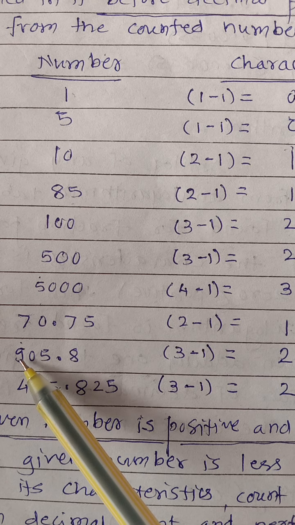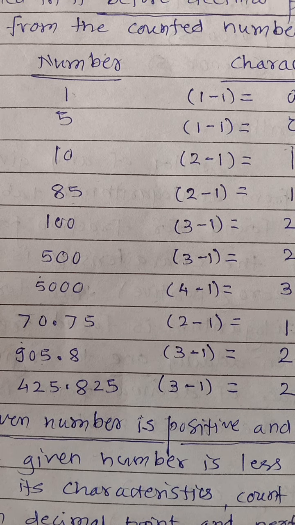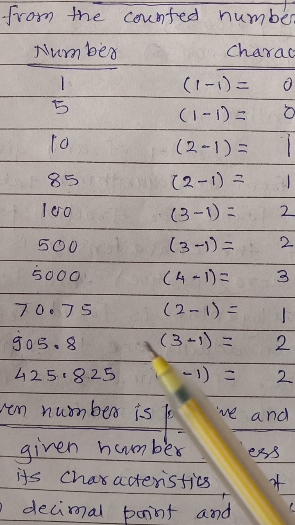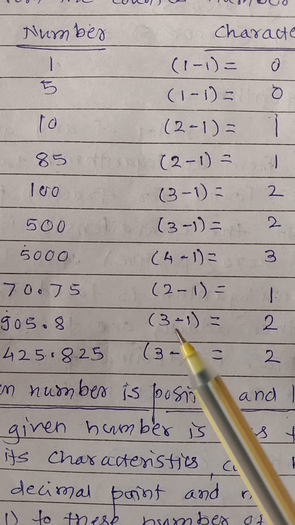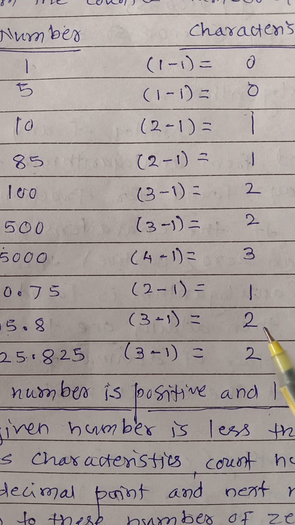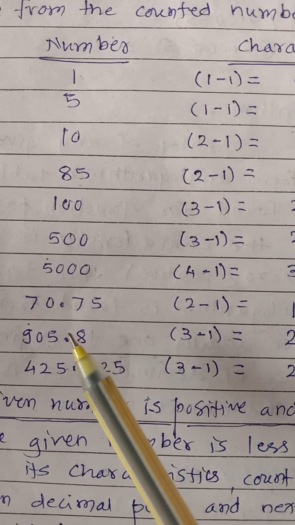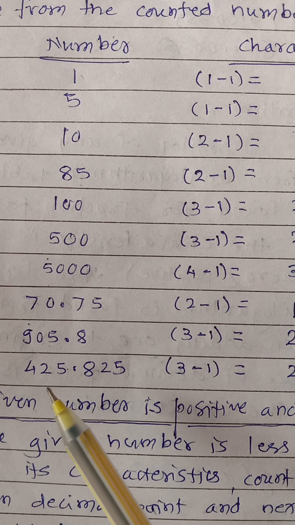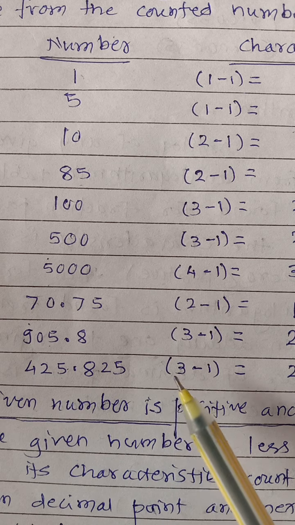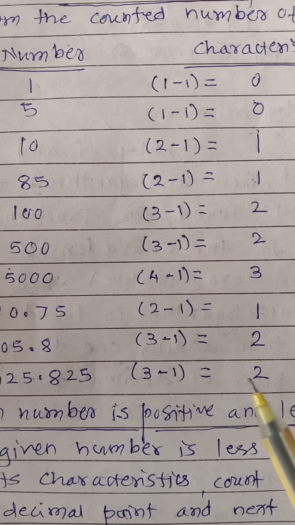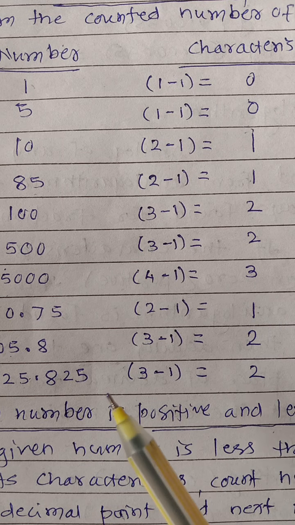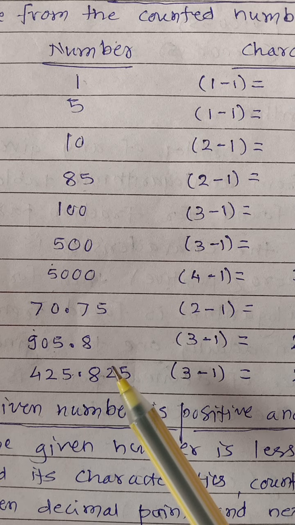So for this number, again only 3 digits are there before decimal point, and therefore 3 minus 1, that will be equal to 2, will be the characteristic for this given number. Similarly 425.825, before decimal point only 3 digits are there, and therefore 3 minus 1, that will be equal to 2, will be the characteristic of this given number.